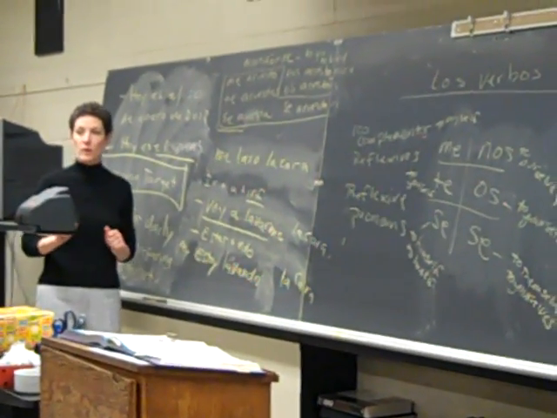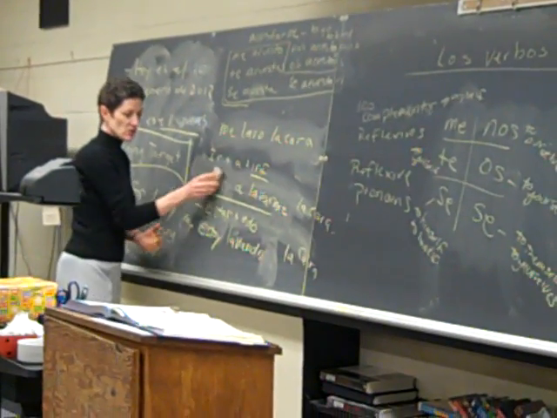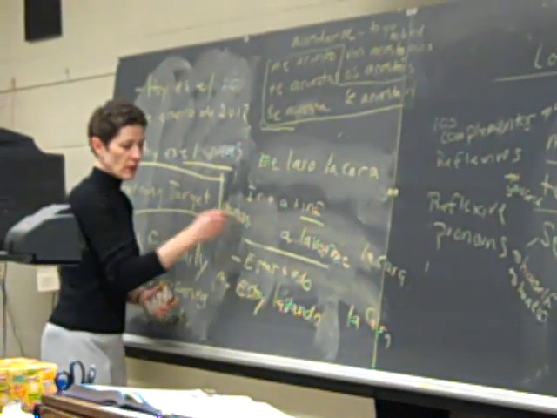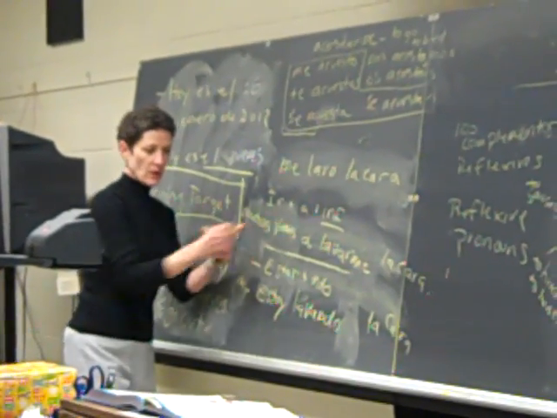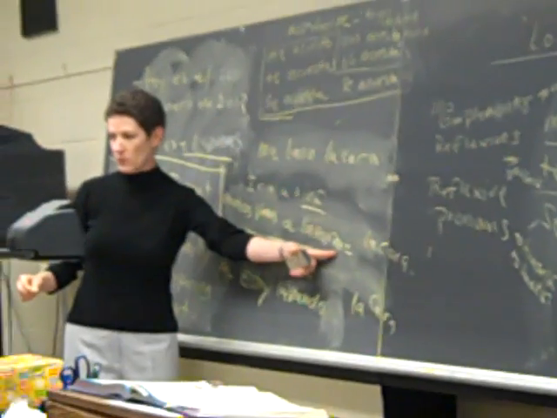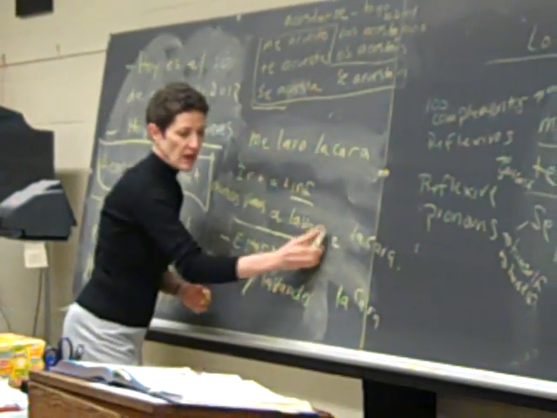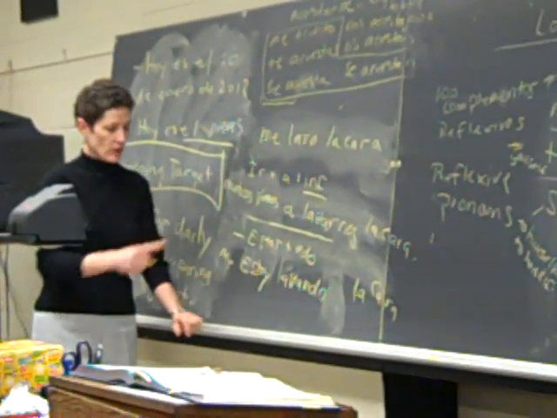You know, what people traditionally do, the error they make, is what if we put this one in the nosotros form? Okay, nosotros, we have the vamos a lavar. Now what happens to that pronoun? Remember, it has to agree with whatever the subject is. Vamos a lavarnos la cara. Okay?